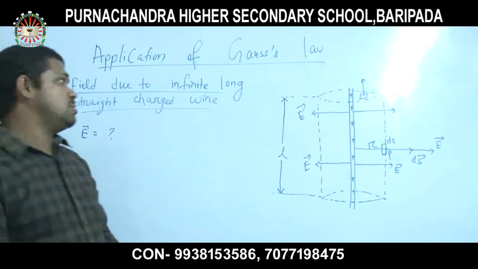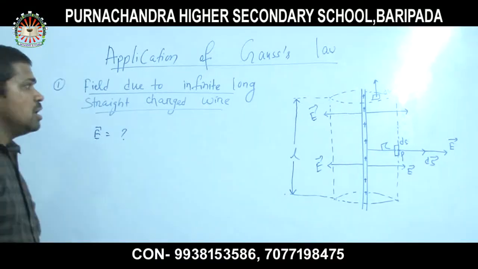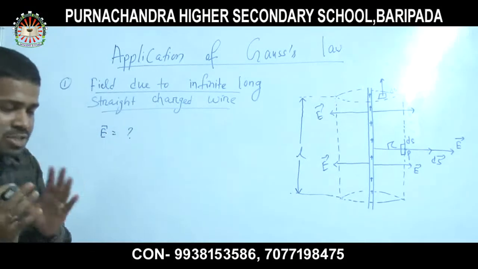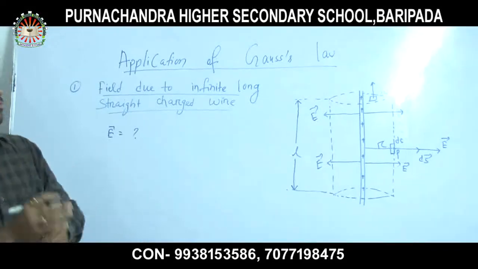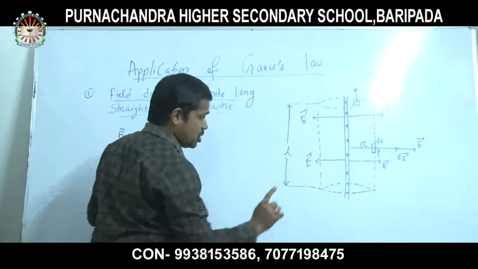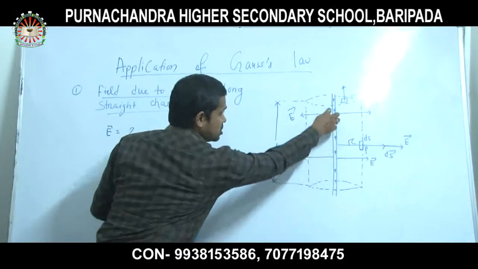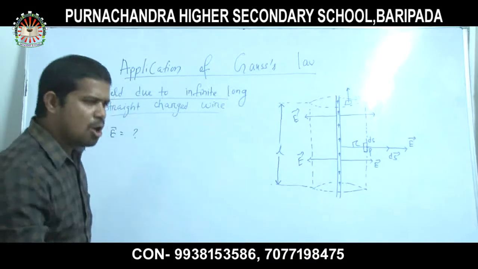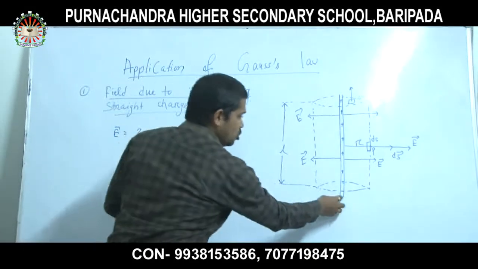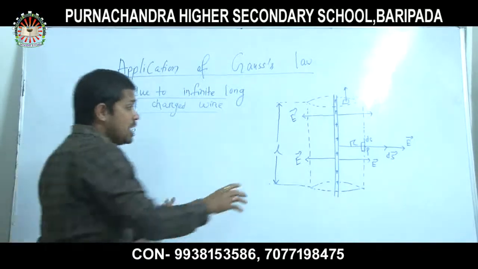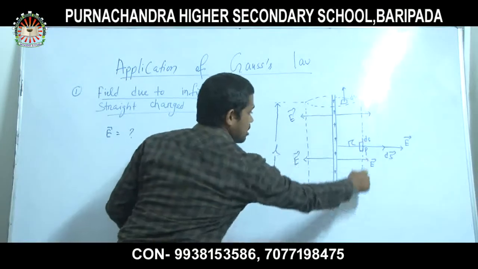In the previous session, I told you that to apply Gauss's law, we must have a closed surface, and that closed surface is called the Gaussian surface. Remember, a very important concept: due to a long straight charged wire, whether it is infinite or finite, which type of Gaussian surface will I assume? A cylindrical Gaussian surface.